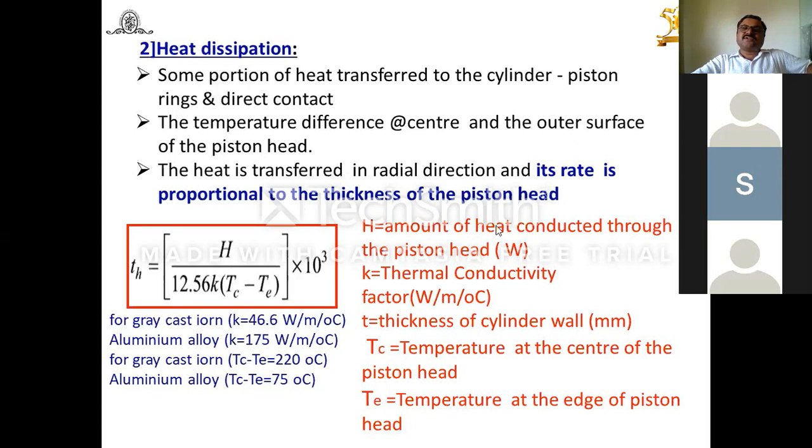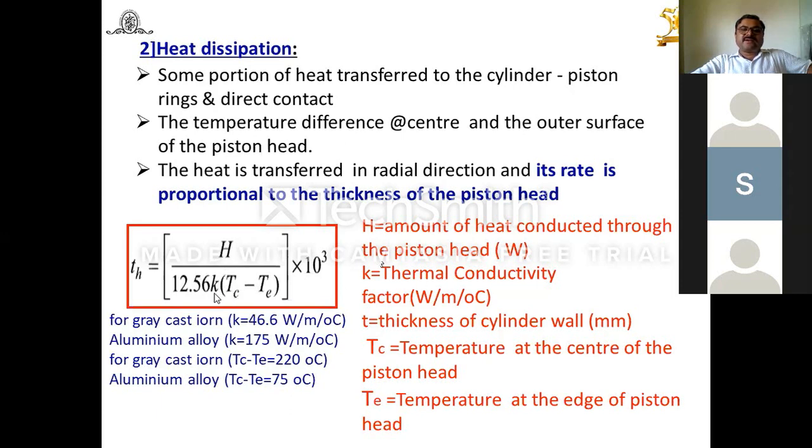Its rate is proportional to the thickness of the piston head. Again, it's given by this equation. Let us see here: H, capital H, upon 12.56 into small k, in bracket Tc minus T, meaning the difference of the center temperature and outer surface temperature, into 10 raised to 3. Now here this small k is the thermal conductivity.